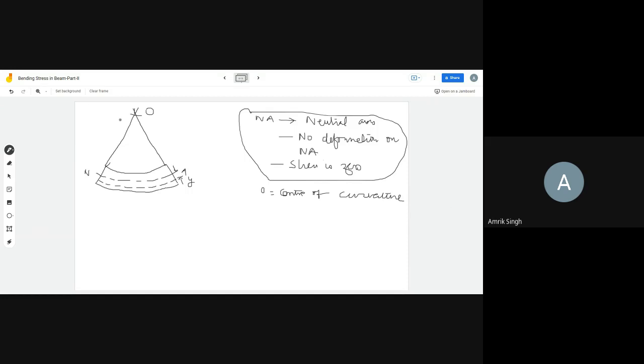Right? So the distance of the center of curvature to the neutral axis is R. So R is the radius of curvature.